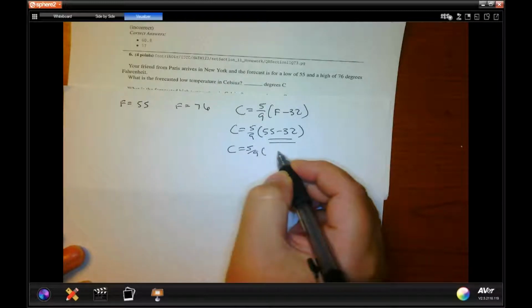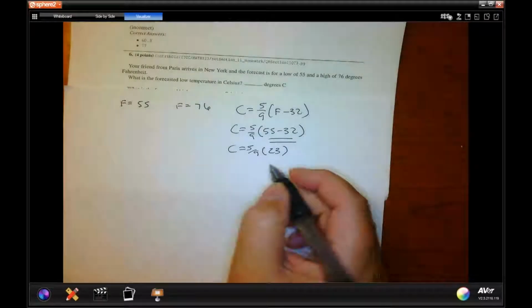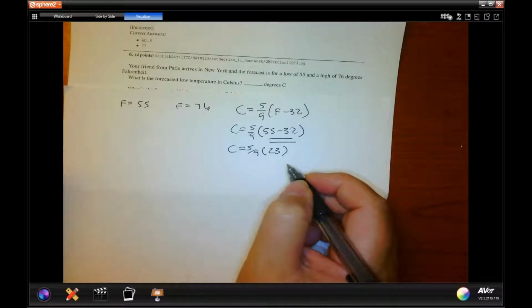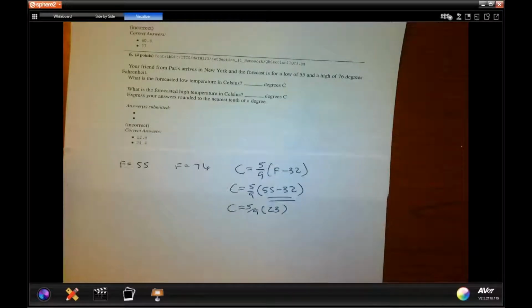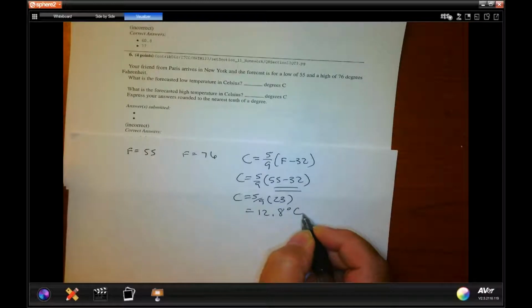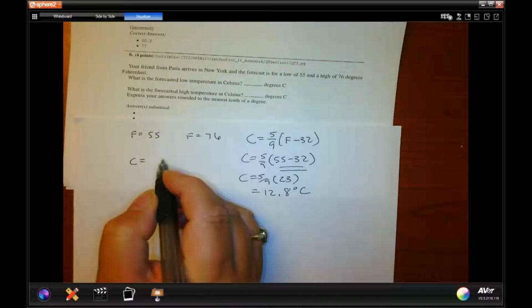So it's 5/9 times 23, and we get 12.8 degrees Celsius. Okay. Then we do the other one.